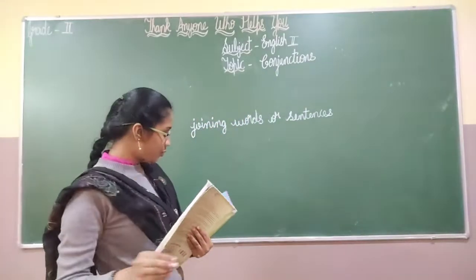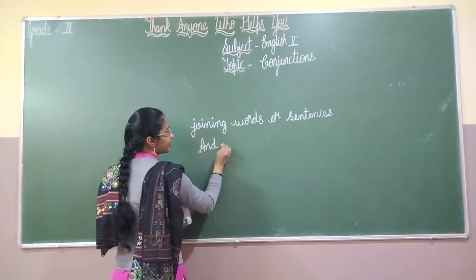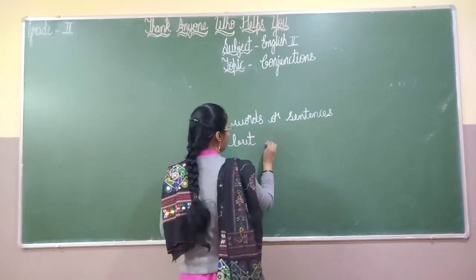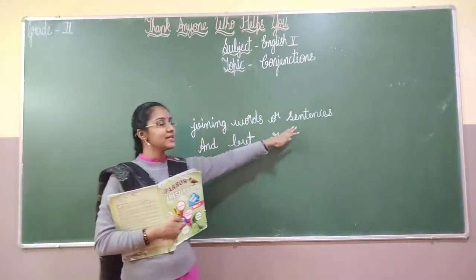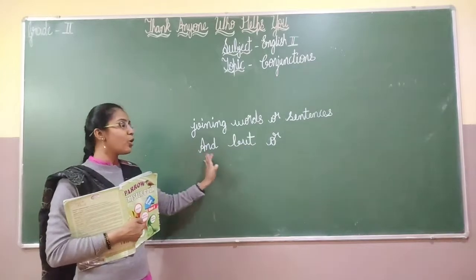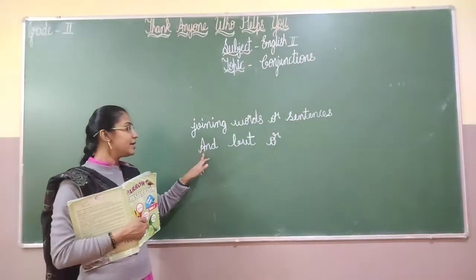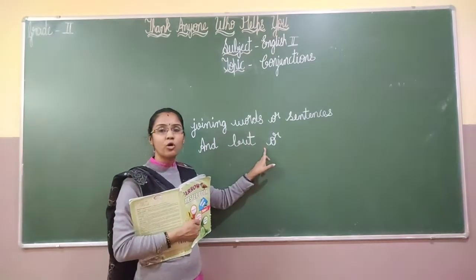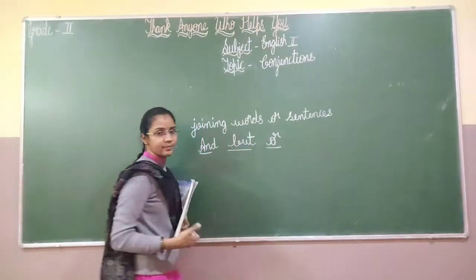What are the conjunction words? That is and, but, or. To join words or to complete a sentence, we are going to use all these conjunction words. So which are the conjunction words, children? And, but, or.